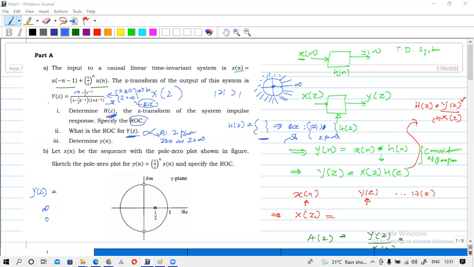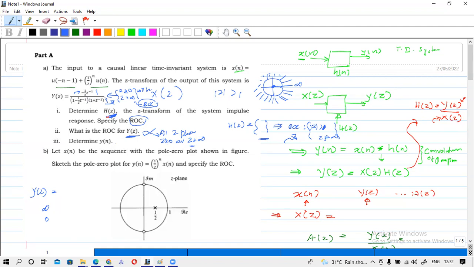By checking 0 and infinity, and one or two other arbitrary values, you can guess this. This will be my ROC like that.